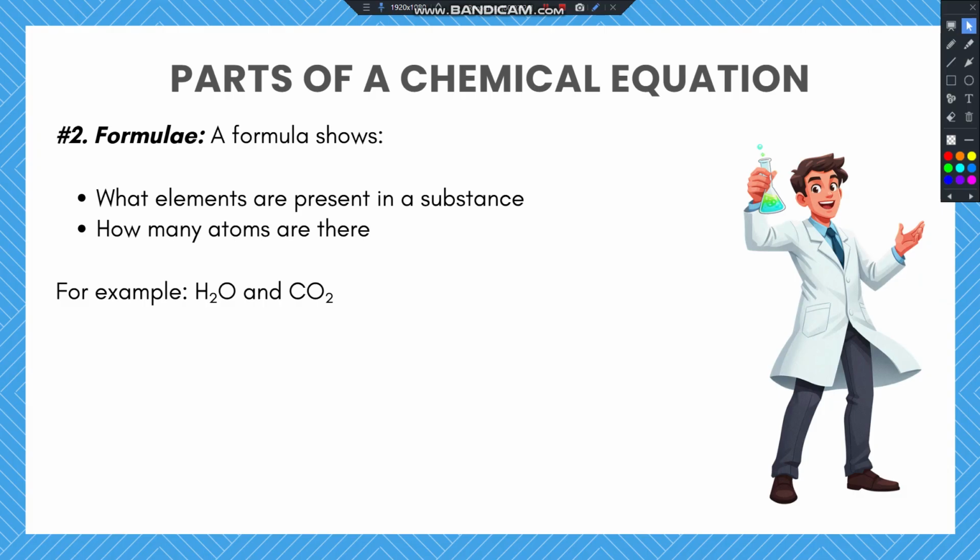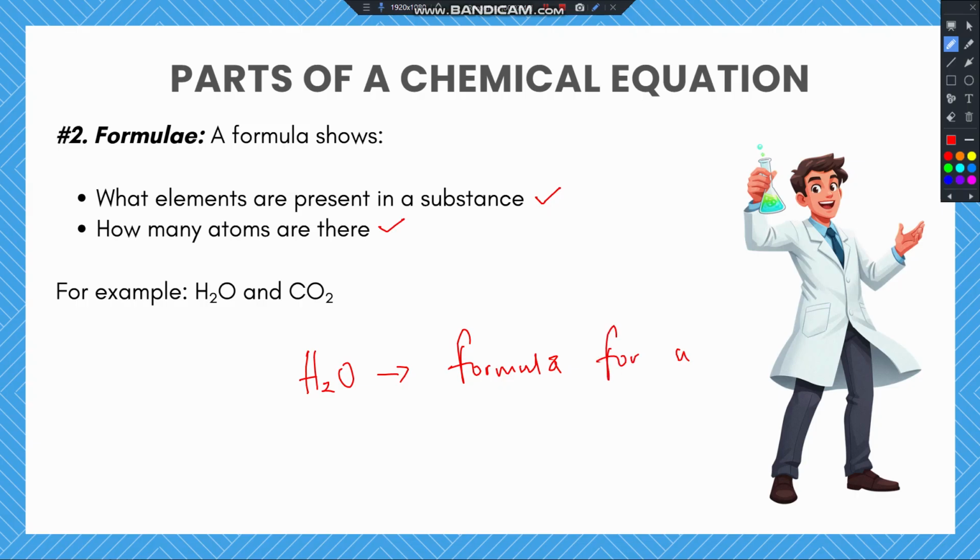What is a formula? A formula is simply the part of a chemical equation that shows the elements that are present in a substance and how many atoms are there. So here are two good examples of what a formula is. We have H2O. This is the formula for water.